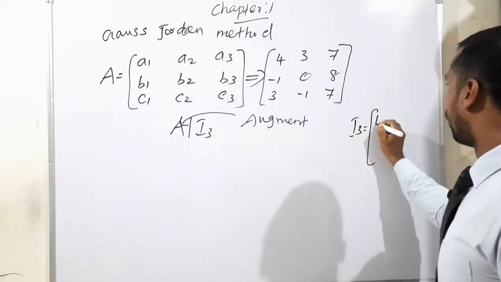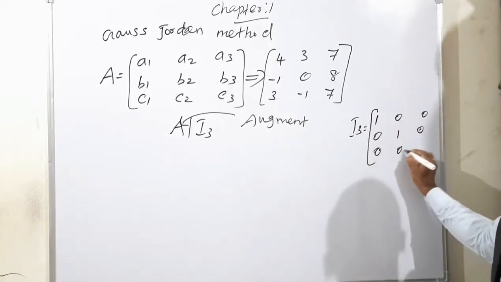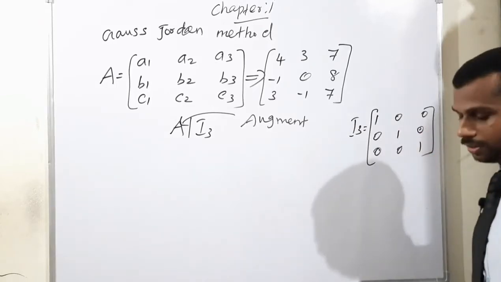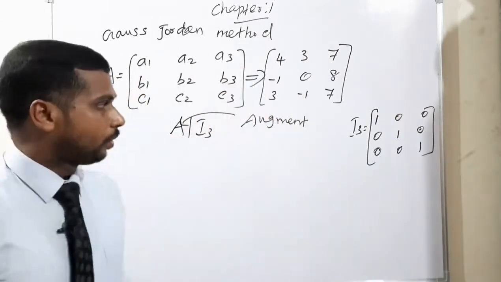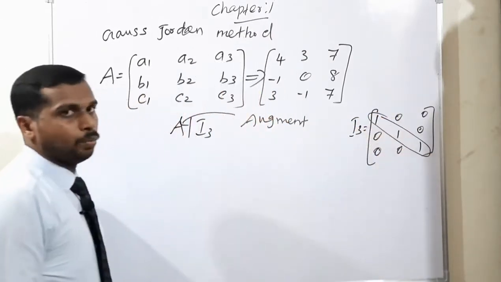So you already know what I3 means: 1, 0, 0, 0, 1, 0, 0, 0 and 1. That is called I3, the 3 by 3 identity matrix. Look, in the identity matrix the diagonal terms are each 1, isn't it?